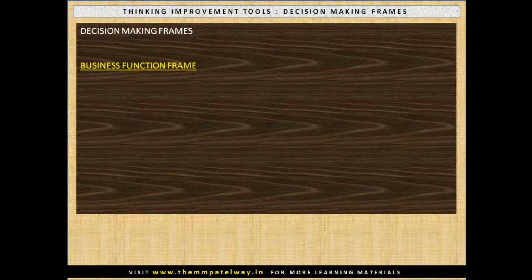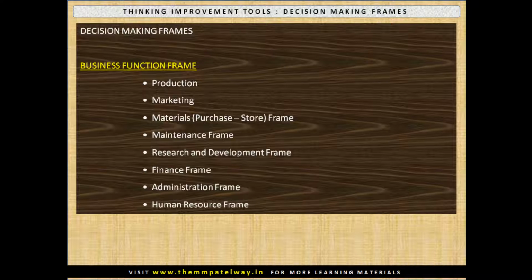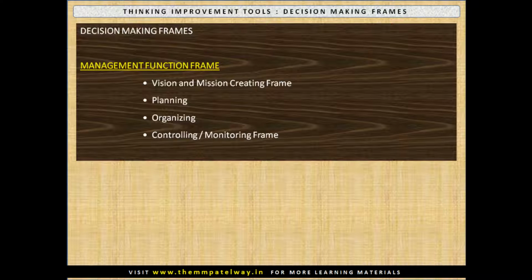Business function frame. Production, marketing, materials, that is purchase and store, maintenance, research and development, finance, administration and human resources frames. Management function frame. Vision and mission creating, planning, organizing, controlling and monitoring and decision making frames.